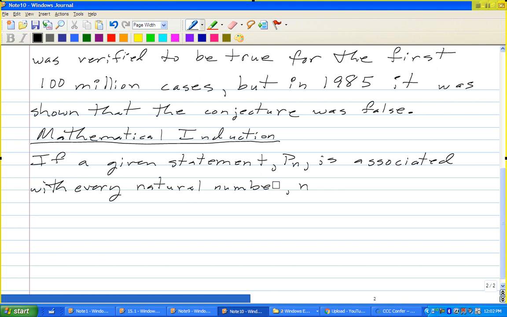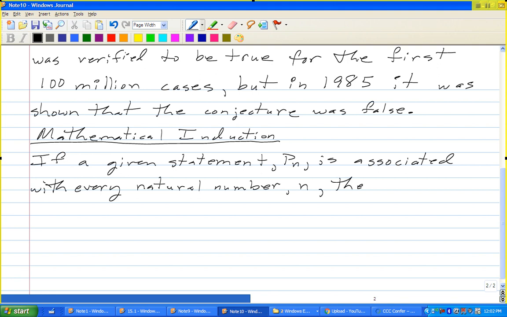So basically what we're saying is that P sub n corresponds to the nth domino. And of course we're very bored, so we line up an infinite number of dominoes. And so P sub n says, well, that's the nth domino.